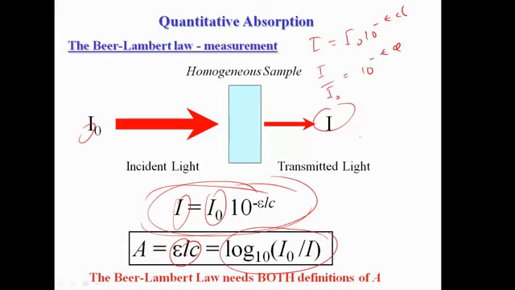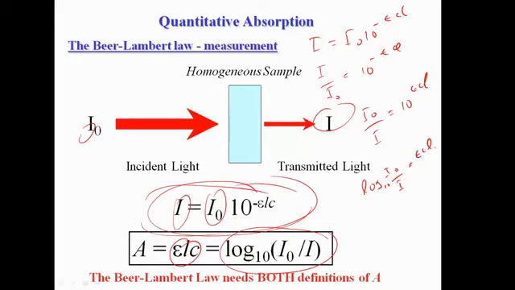Now if you know your logs, I0 over I is equal to 10 to the epsilon CL. If you invert one side and change the sign here, you know that the log to the base 10 of I0 over I is equal to epsilon CL.